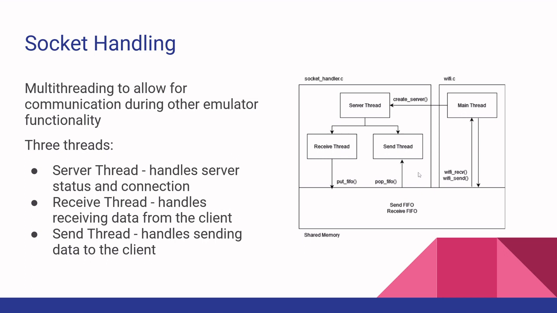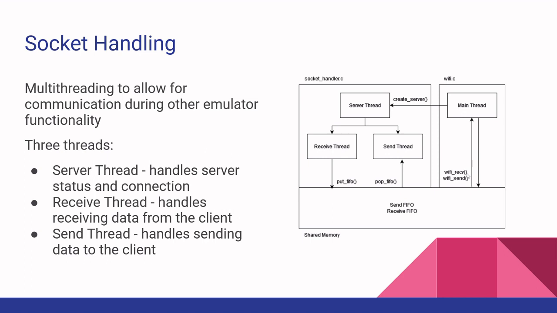Under the hood, the socket handling is done with multiple threads. We have created a socket handler library that really simplifies it for use with the rest of the emulator. This is the Wi-Fi device code, that's the Wi-Fi.c.